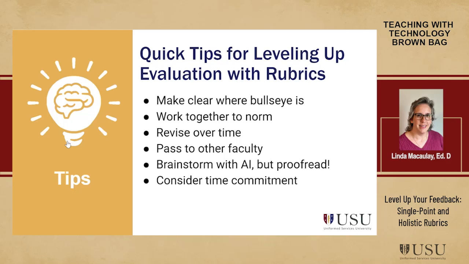And then make sure that you consider the time commitment involved in both creation and grading so that you pick the rubric that fits best for what time you have when you design and implement those rubrics.